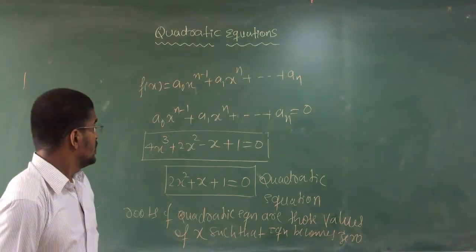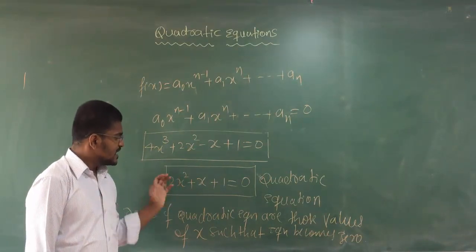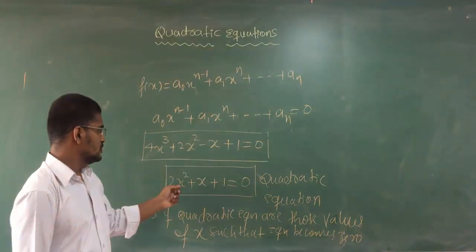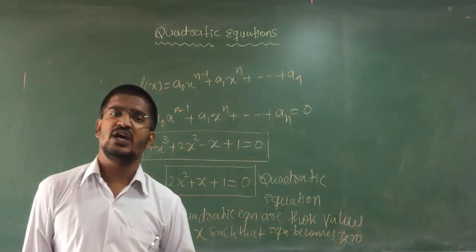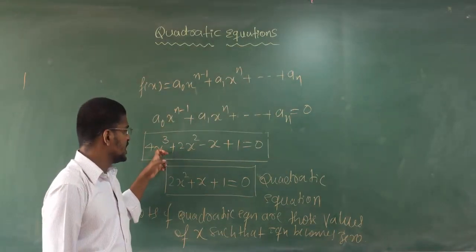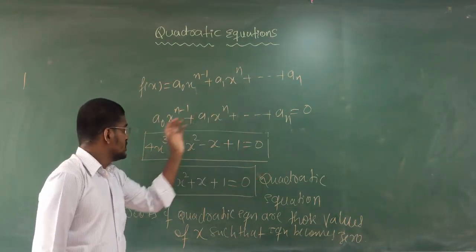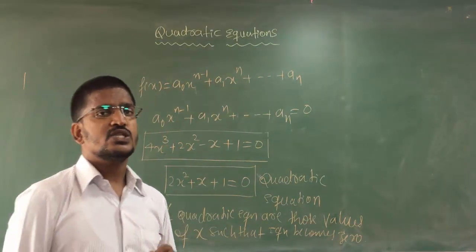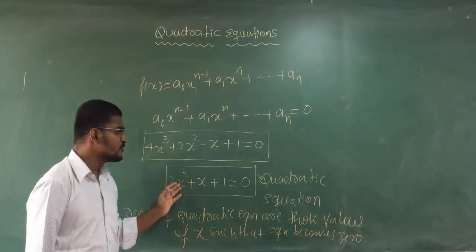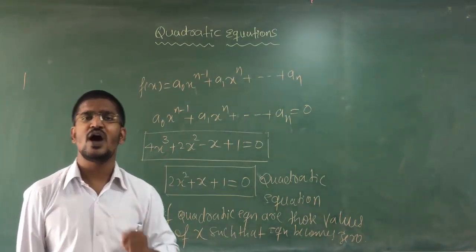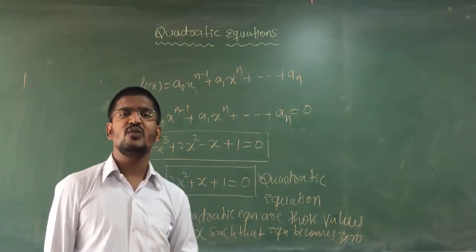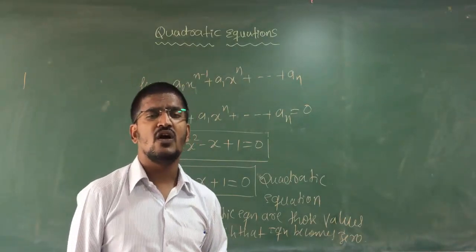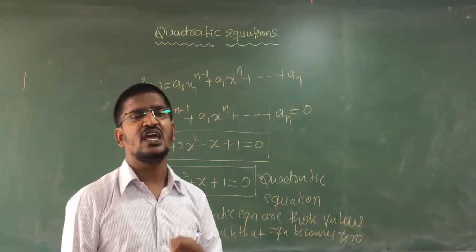That means any value of x that makes this equation 0 will be a root of this particular equation. So you are finding the values of x such that whenever I put the x values into this, it will be equal to 0. Those things are called the roots of the quadratic equation.